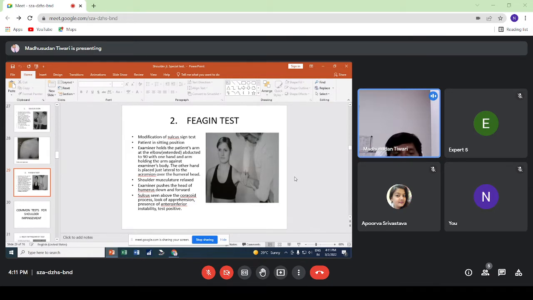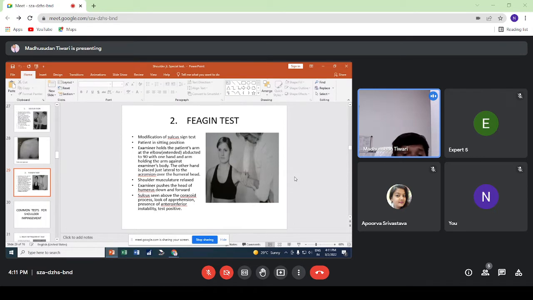The other hand will be placed just lateral to the acromion over the humeral head. The shoulder musculature is relaxed. The examiner pushes the head of the humerus downwards and forward. Downward and forward.